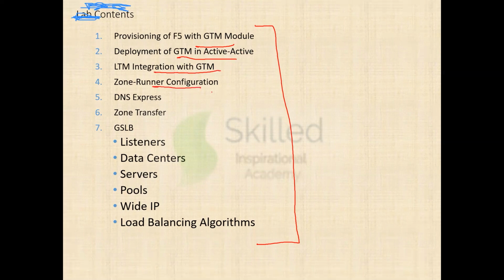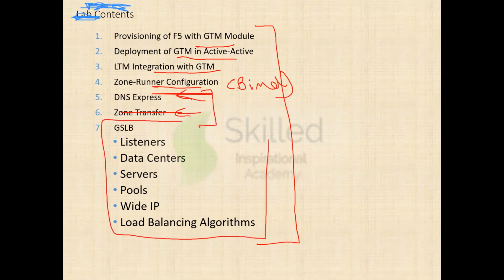We will see ZoneRunner configuration, which is called BIND. We'll see all this in our lab, how to configure DNS Express and how to do zone transfer. Then we will come to the intelligent DNS resolution. We will see how to configure listener, data center, servers, pools, wide IP, and load balancing algorithm.